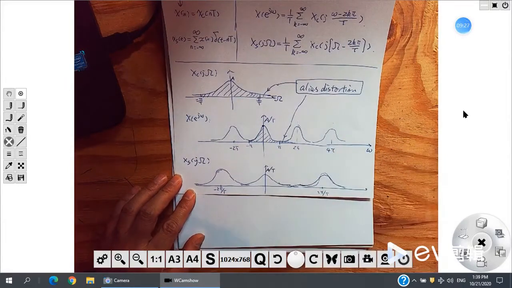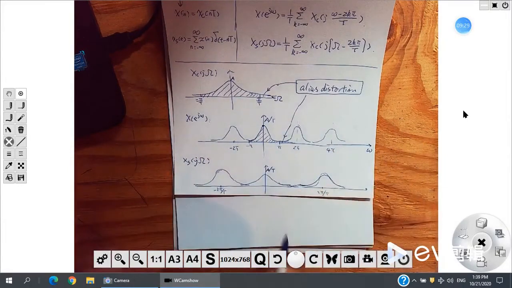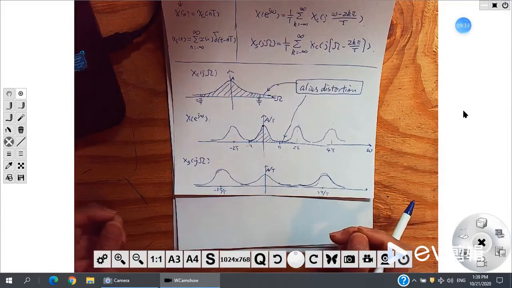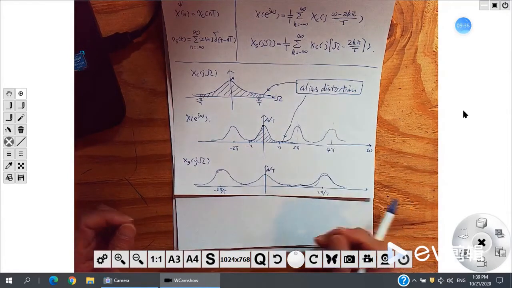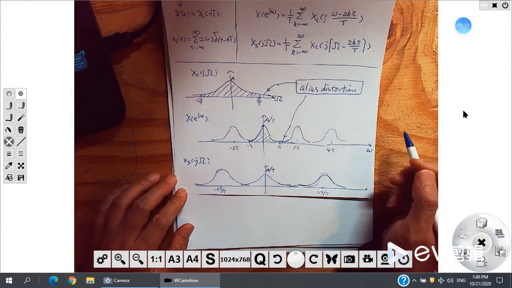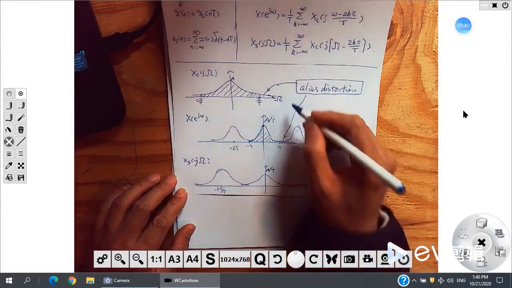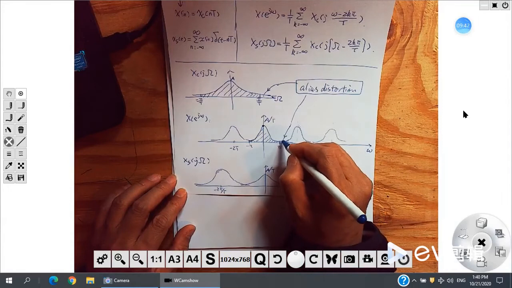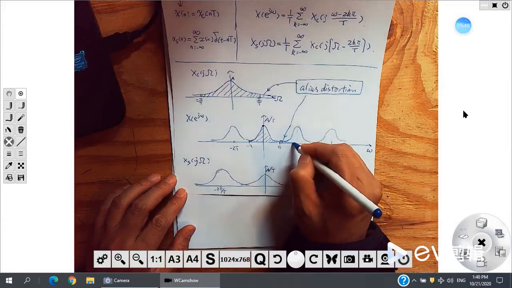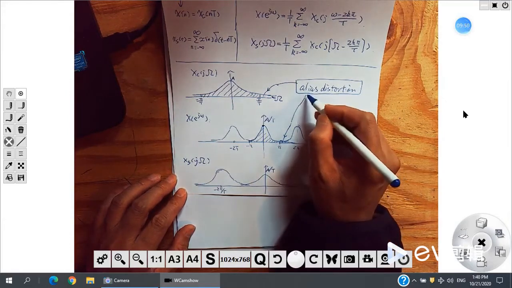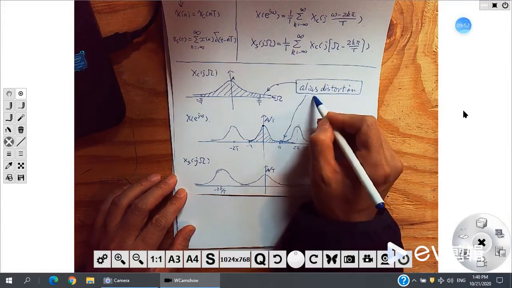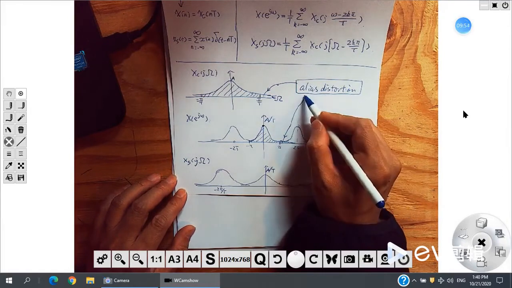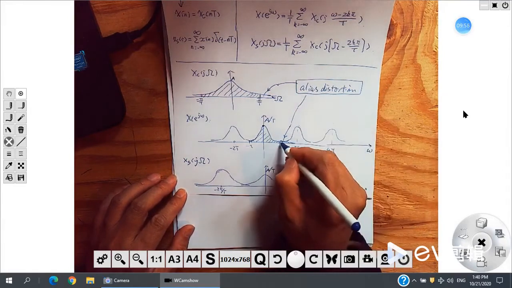You take 1 sample, 2 samples, but between 2 samples, those values you don't keep, so you lose some information. In the frequency domain, it is the same thing, but it occurs in a different way. This part we call alias, or alias distortion, or aliasing. Yeah, the same meaning.